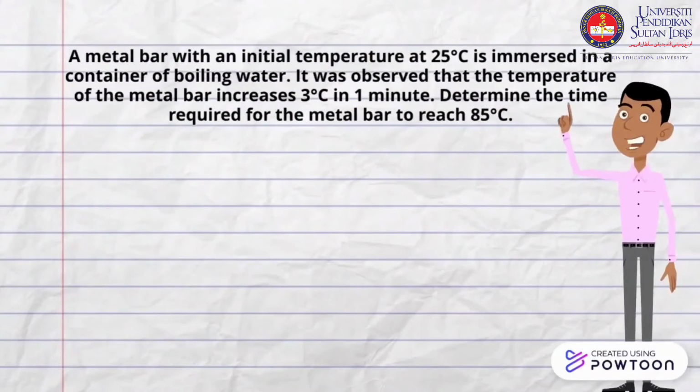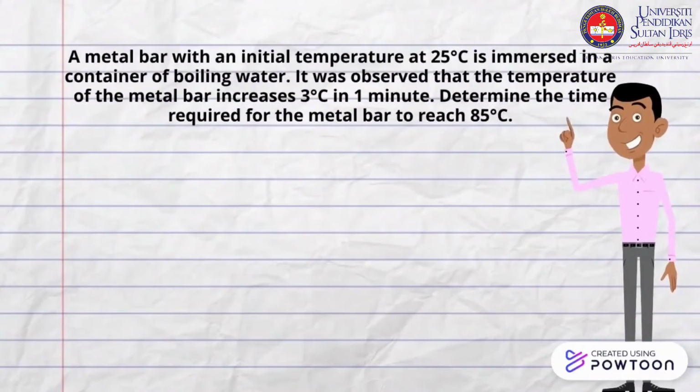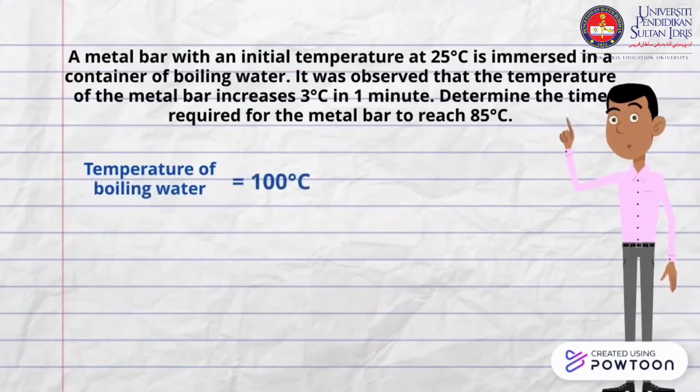Back to the question: a metal bar with an initial temperature of 25 degrees Celsius is immersed in a container of boiling water. Obviously, our substance is the metal bar, and it is immersed in boiling water, whose temperature is 100 degrees Celsius.